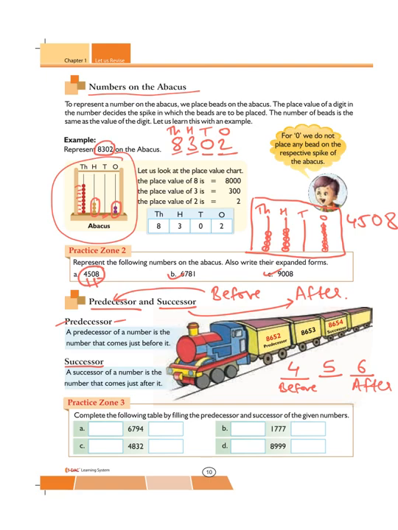Before is called predecessor and after is called successor. Over here they have given the example 8653. Its predecessor, the number before 8653, is 8652, and the number after 8653 is 8654.